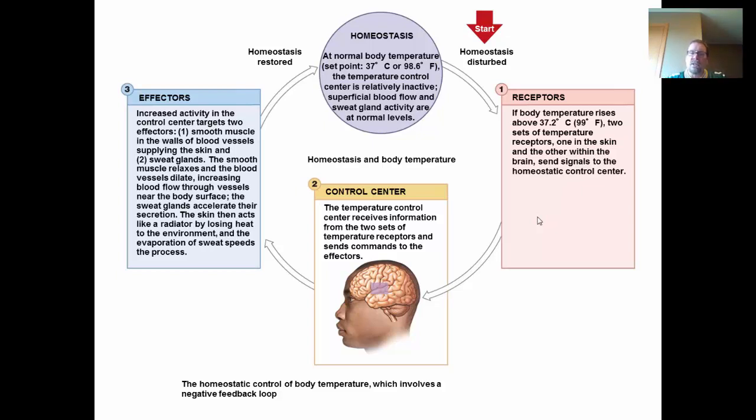You can start sweating to have evaporative cooling, but that's the signal: the temperature is getting too high. It goes to the brain and it says to do these things. Smooth muscles, skin, and sweat glands. Vasodilation occurs, and then it brings the temperature back down.